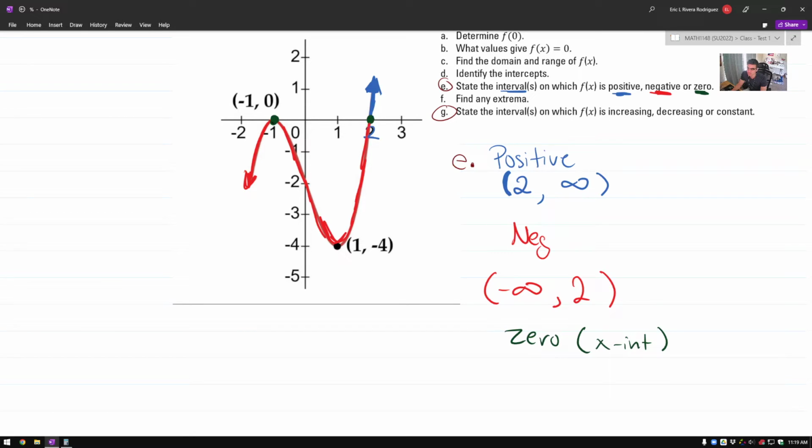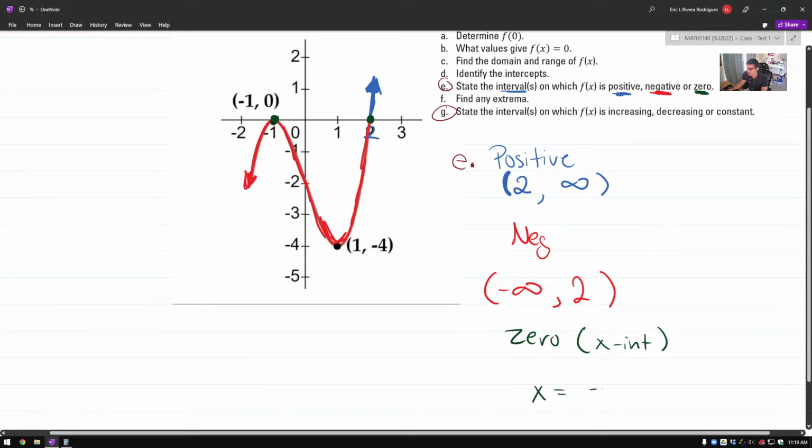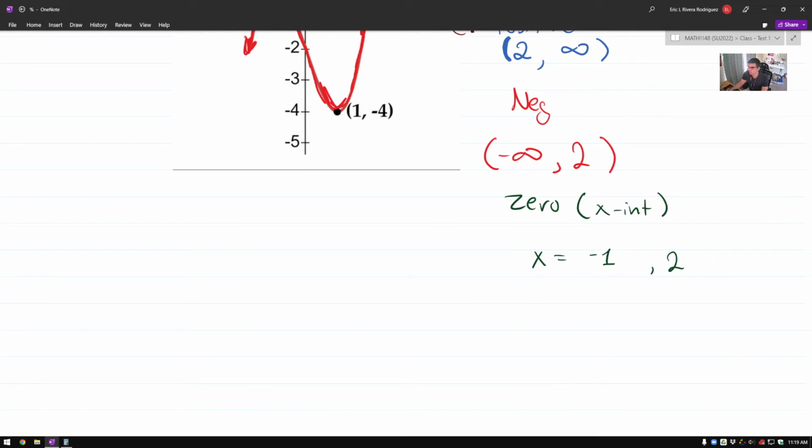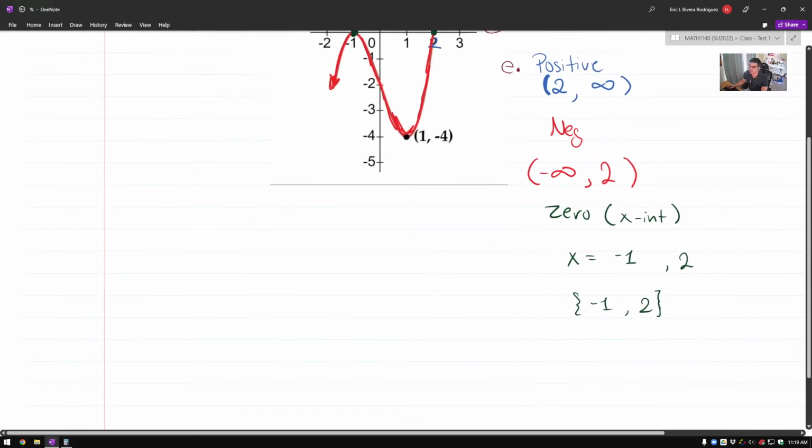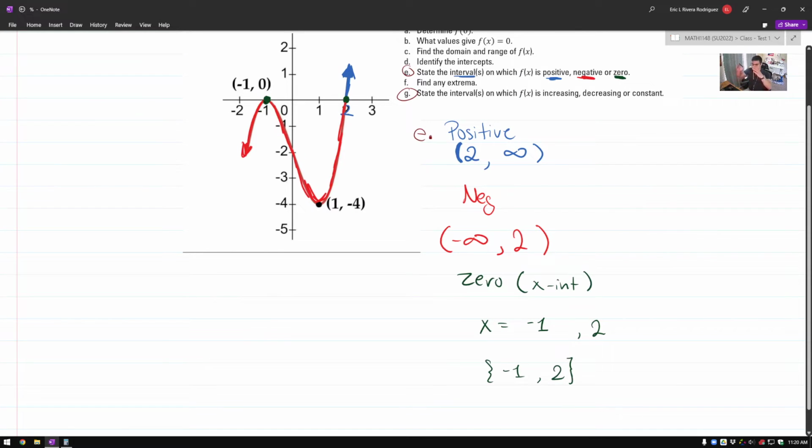This is not a graph. These are just points. So x equals -1 and x equals 2. You could write it like this, or you could just use curly brackets. And that is how you write the location where the value of the function is 0.